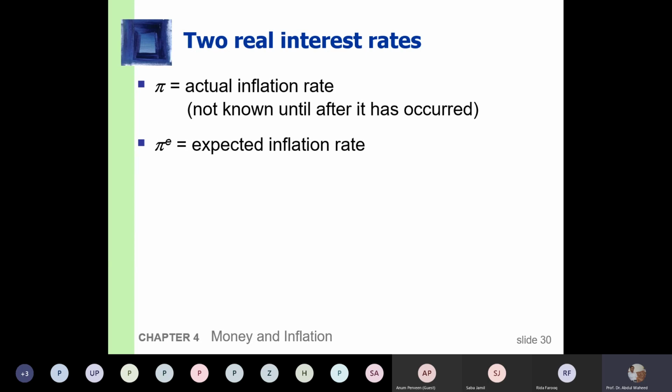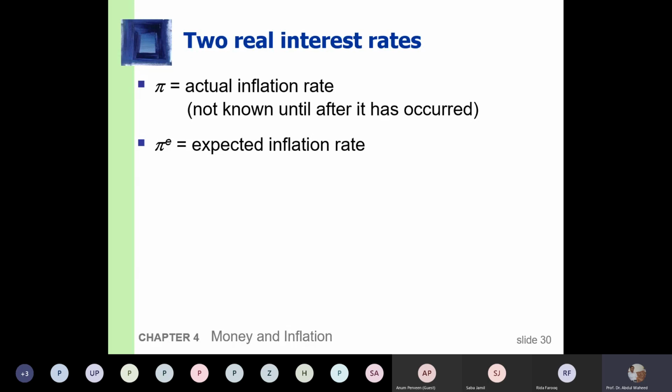This is expected inflation. My expectations could be wrong or correct. Sometimes you over-expect: I am expecting 8%, but actual inflation is 6%. Sometimes we underestimate: I am expecting 8%, but actual inflation is 12%.